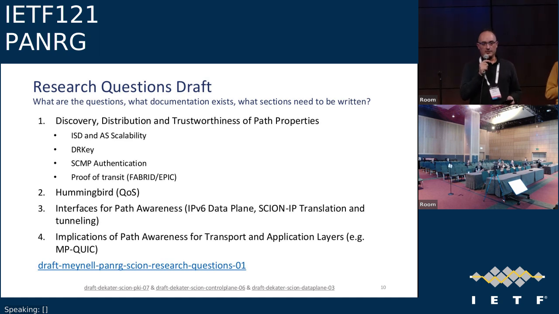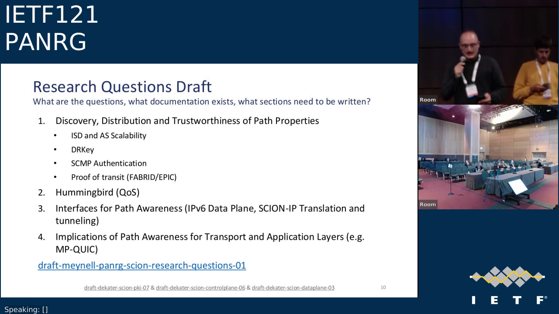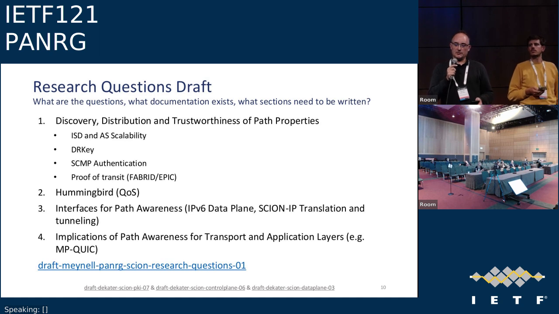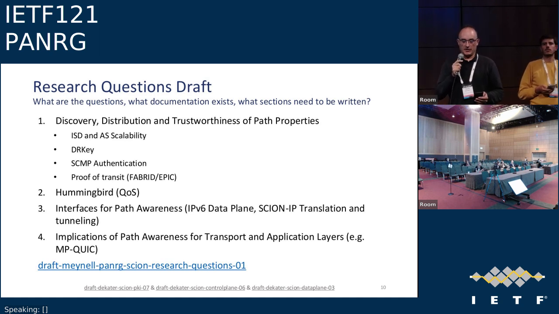And I think Nico alluded to what some of those things were. So perhaps the main question is around how intra- and inter-ISD beaconing will scale. And really, how much do we expect the number of ISDs and ASs to grow within the Scion ecosystem?